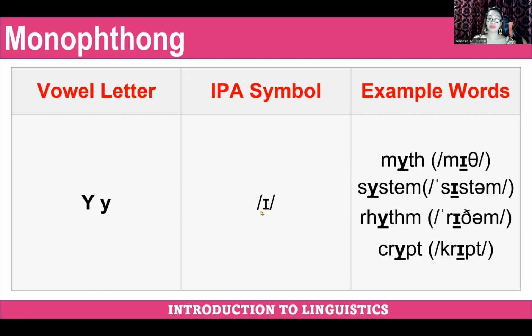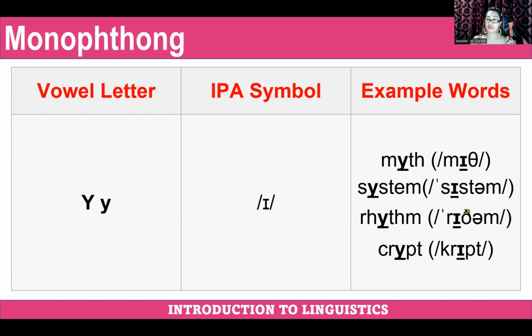Then we have the semivowel Y, but pronounced E. The IPA symbol is the capital letter I. Example words include mist. This one is the TH sound, in IPA it goes this way. So pronounced as myth, system, rhythm, crypt.